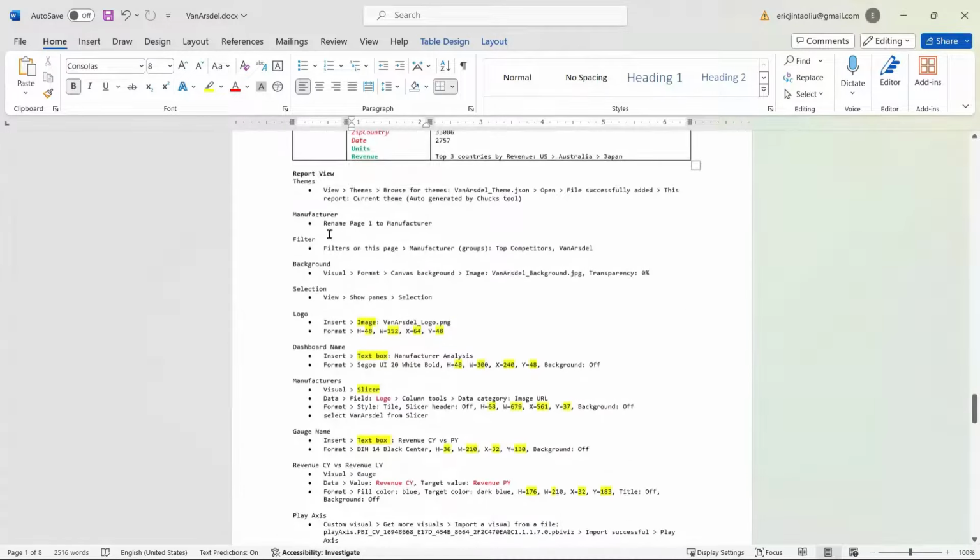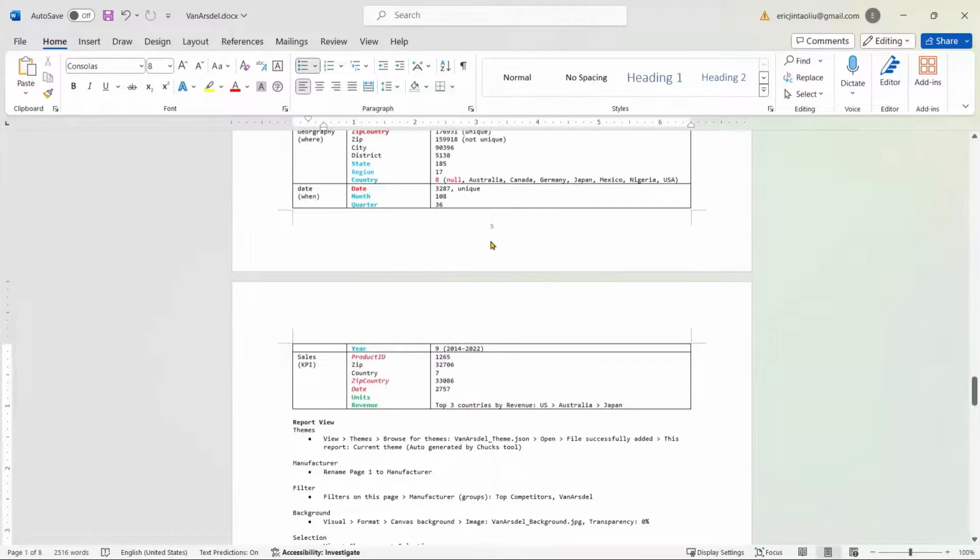And after this, you start building the visuals. As you can tell, we spend the majority of the time cleaning up data, building the data model and creating the KPI.